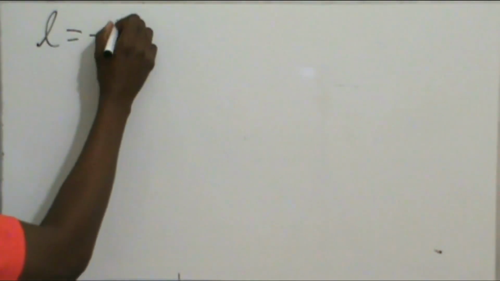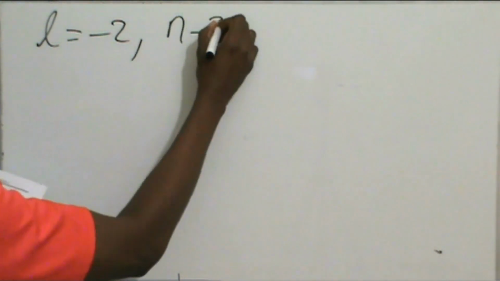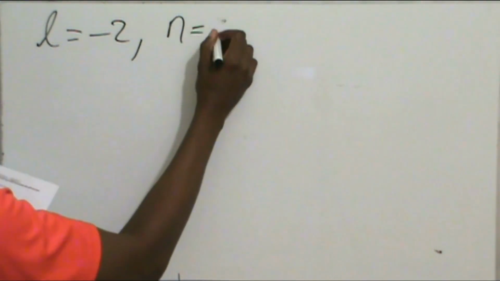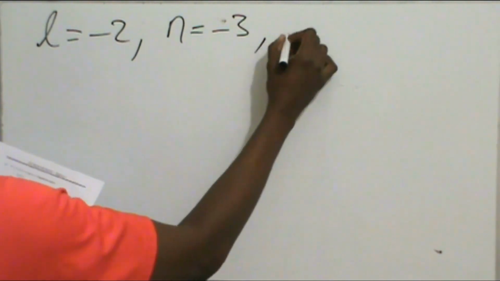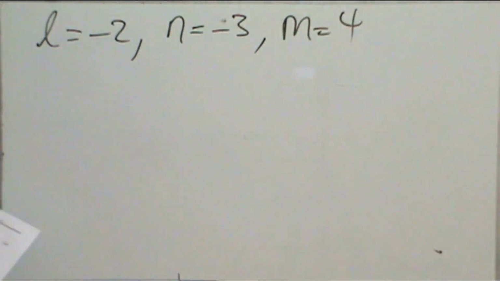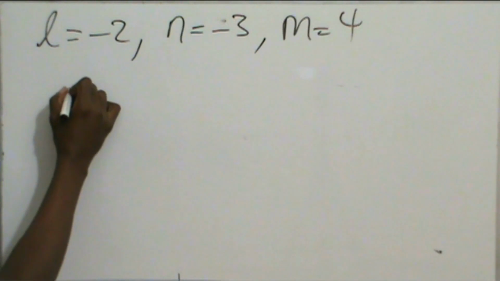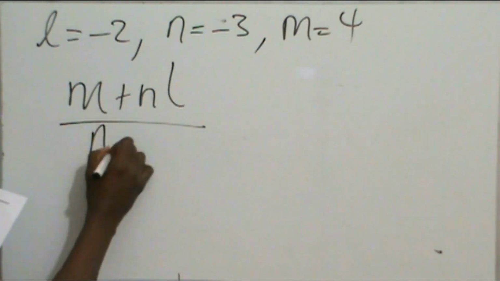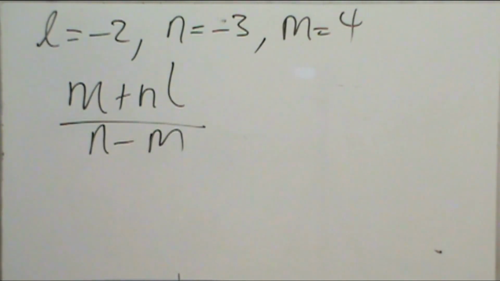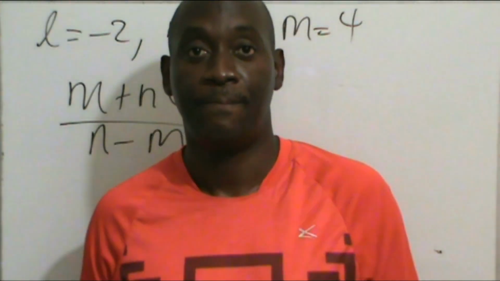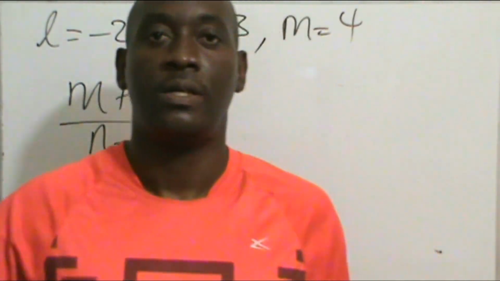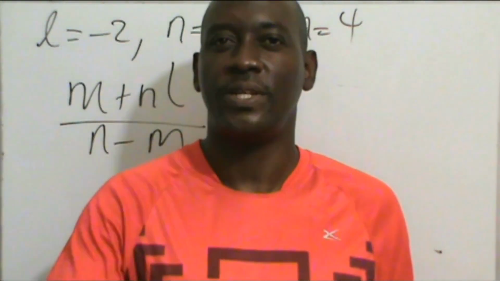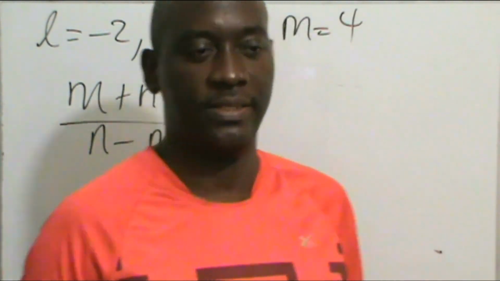It says, if L is equal to minus 2, N is equal to minus 3, and M is equal to 4, calculate the value of M plus NL over N minus M. This is an actual CXC question here. So I'm going to go through the steps, show you the working, so you can see for yourself that you could do this question.